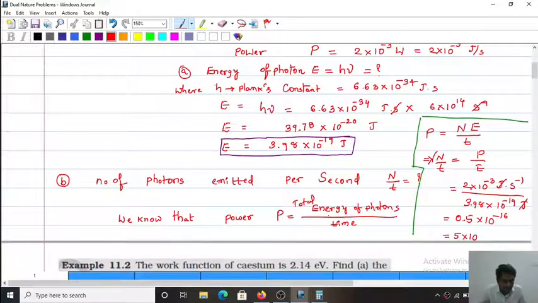Actually you will get a positive sign, so we get 5 into 10 power of 15 per second.